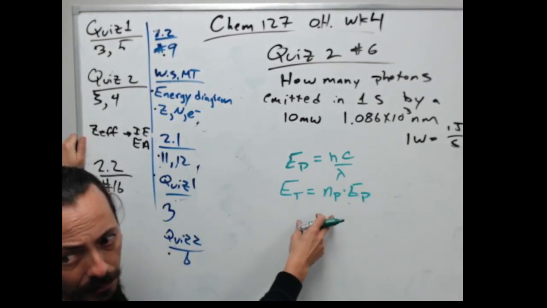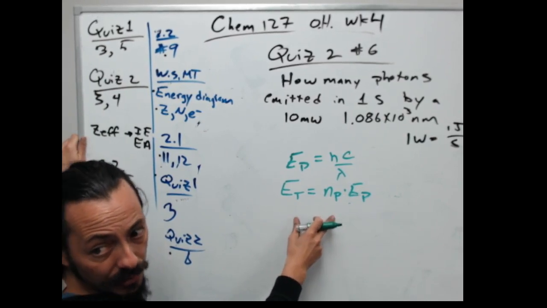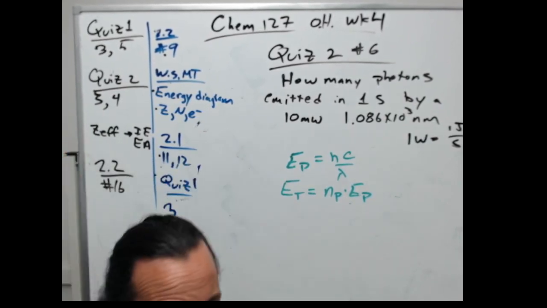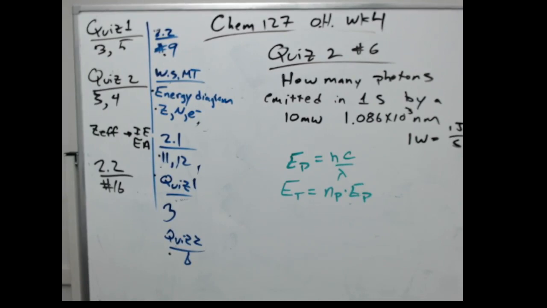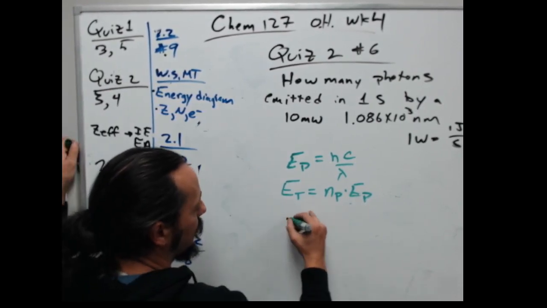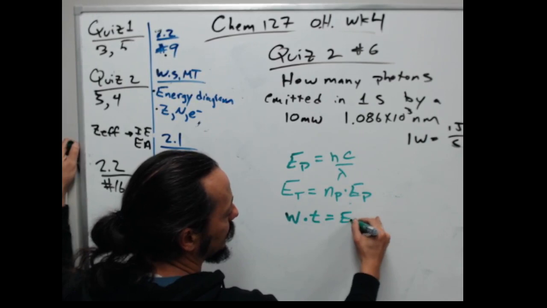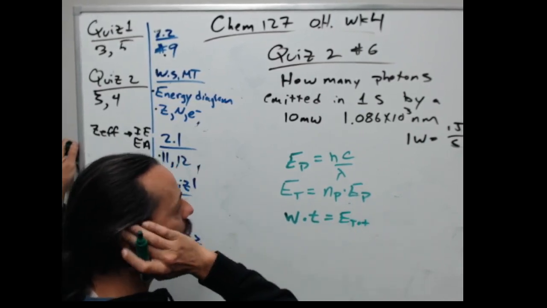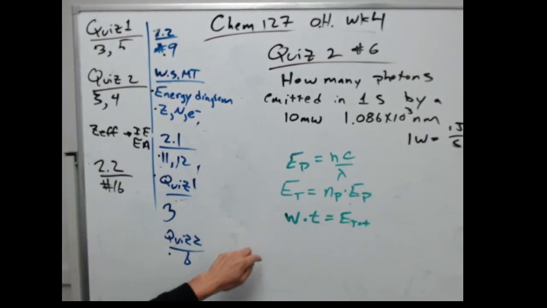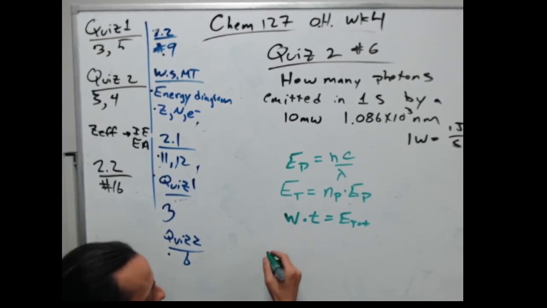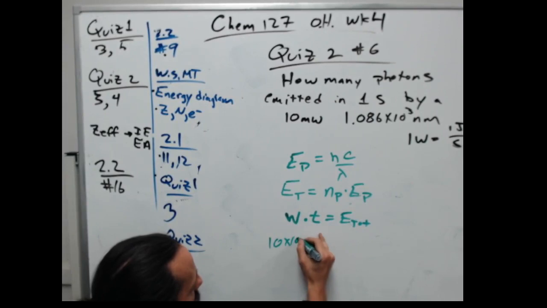Were you there when we did that part in office hours earlier? Just a moment ago, yeah. Okay, cool. So the total energy we have is going to be that. And then wattage times time equals energy as well. The nice part here is since it's just 1 second, I just do 10 milliwatts, which is 10 times 10 to the minus 3.